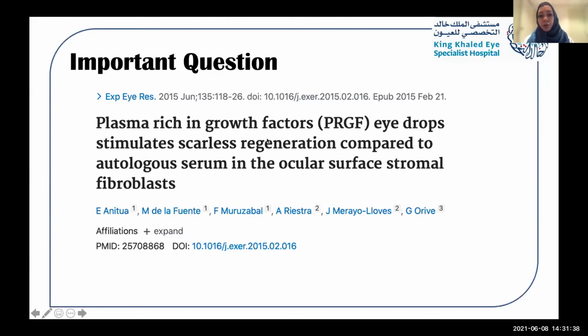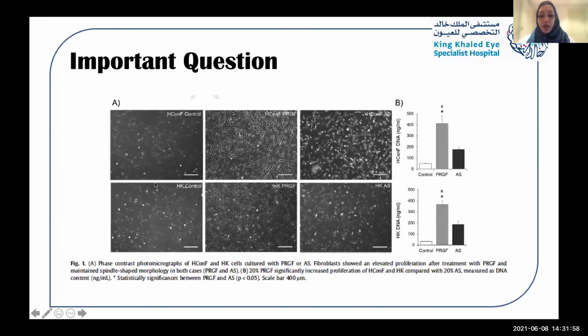Anitua did an experimental study, and they divided the study groups into a group that will receive the plasma-rich growth factor and the autologous serum. They did a proper evaluation of the content of all of the growth factors and all of the mediators prior.